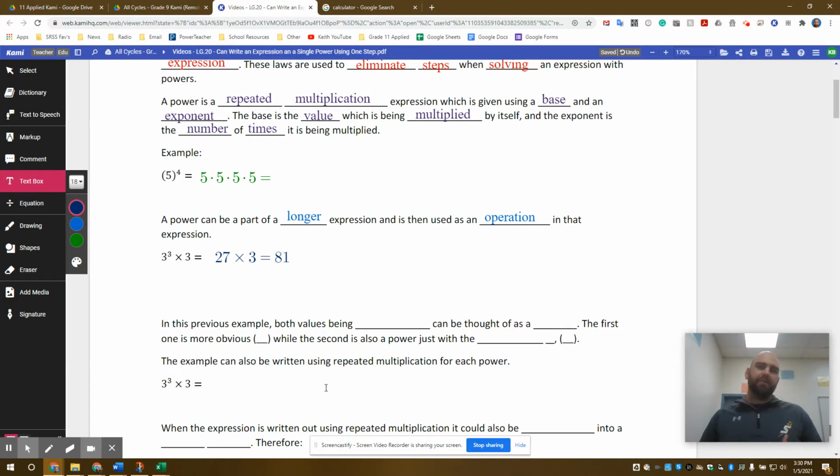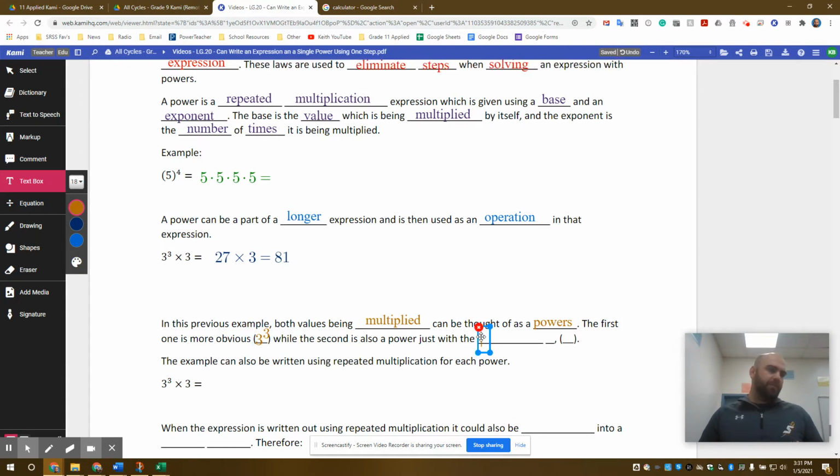In the previous example, both of the values that are being multiplied can be thought of as powers. The first one I would consider to be quite obvious. That's just 3 to the power of 3. That one's not overly difficult.